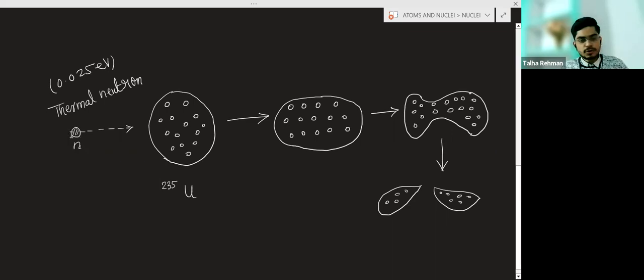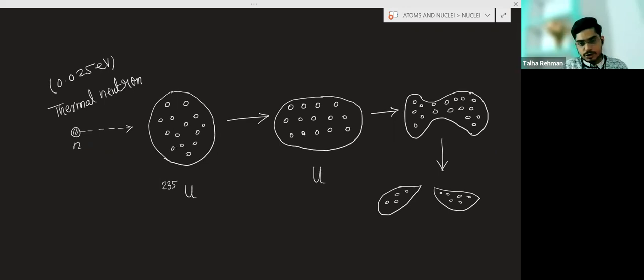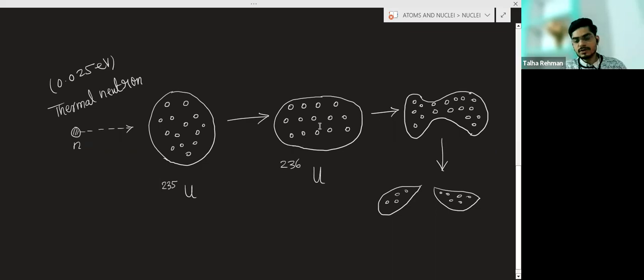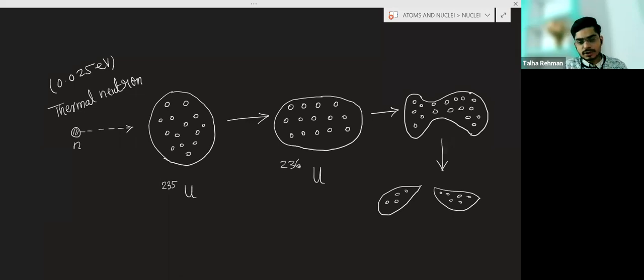This thermal neutron will enter into this nucleus. So inside this nucleus, one nucleon will increase. Now it becomes uranium-236 because one neutron increased, and this uranium-236 is unstable.